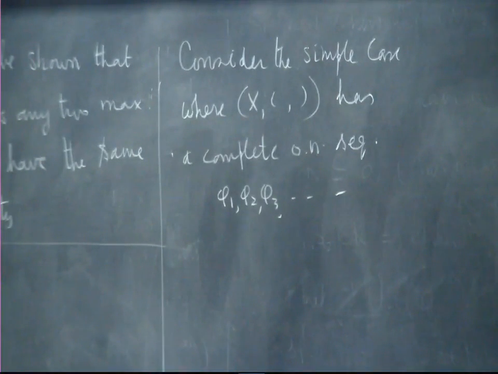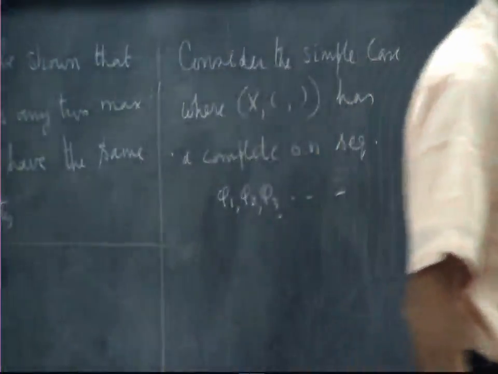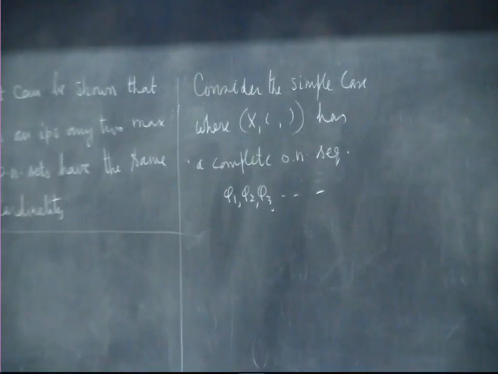Of course, finite we have already studied, that is finite dimensional linear algebra. So, the next step is to have an infinite sequence of orthonormal vectors which form a basis.